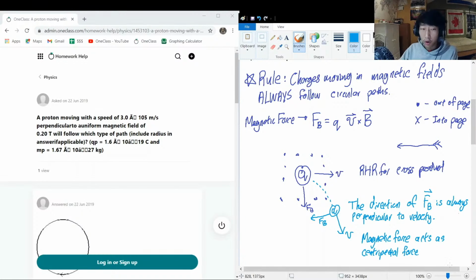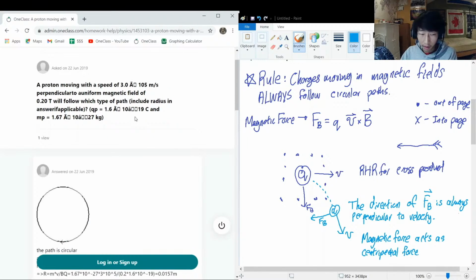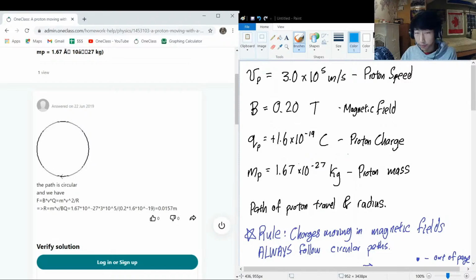Okay, so that answers the first part of the question, when it's asking us what type of path this particle, proton more specifically, will follow. We know that it has to be a circular path. And in this circular path, we know that the magnetic force is going to be acting as a centripetal force.